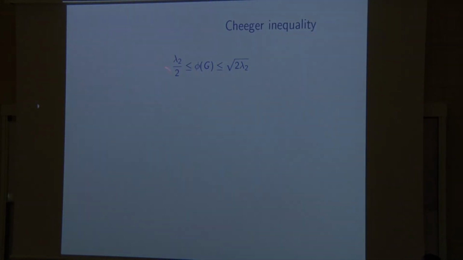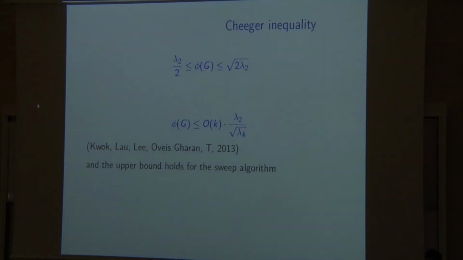So going back to the k equal 2 case, this is the 1980s Alon-Milman Cheeger inequality. This is a bound with this quadratic gap, and both sides are tight. There are graphs for which the conductance is lambda 2 over 2. There are graphs where the conductance is roughly the square root of lambda 2.